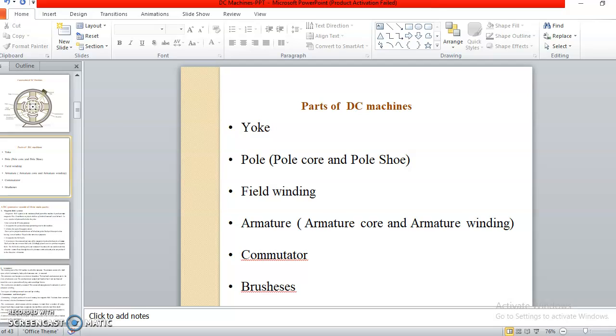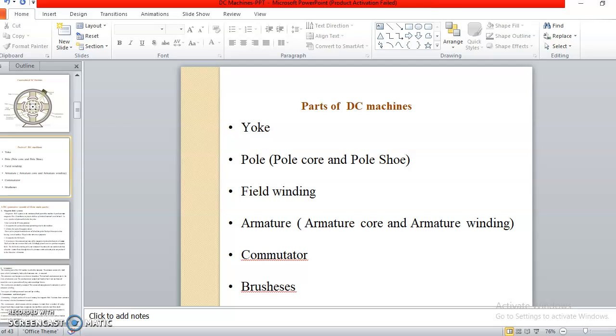Armature winding is the interconnection of armature conductors present in armature slots. In the case of a generator, generation of EMF takes place in the armature winding: when the armature is rotated, it cuts the magnetic flux lines and EMF gets induced in the armature conductors. To collect this induced EMF, we require the armature winding.